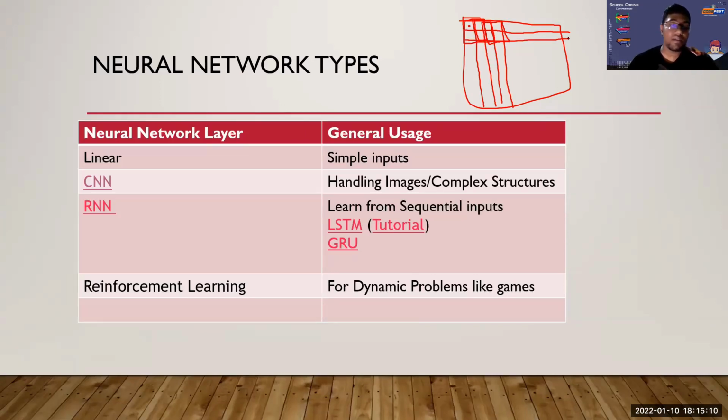And then we have something called recurrent neural networks that can deal with sequential data, or a list of data that is related to some sort of time step. Let's take an example: prices of vegetables. We are trying to predict the price of potato.